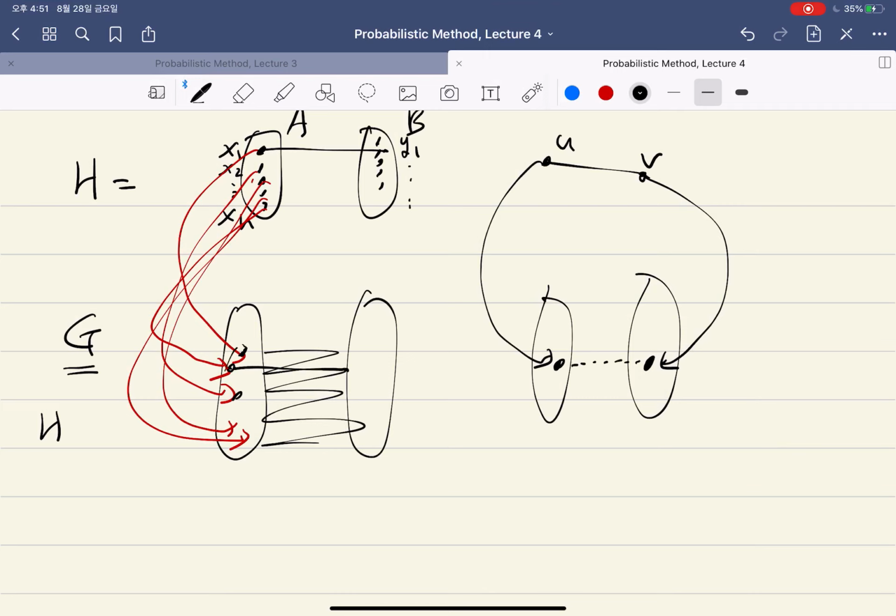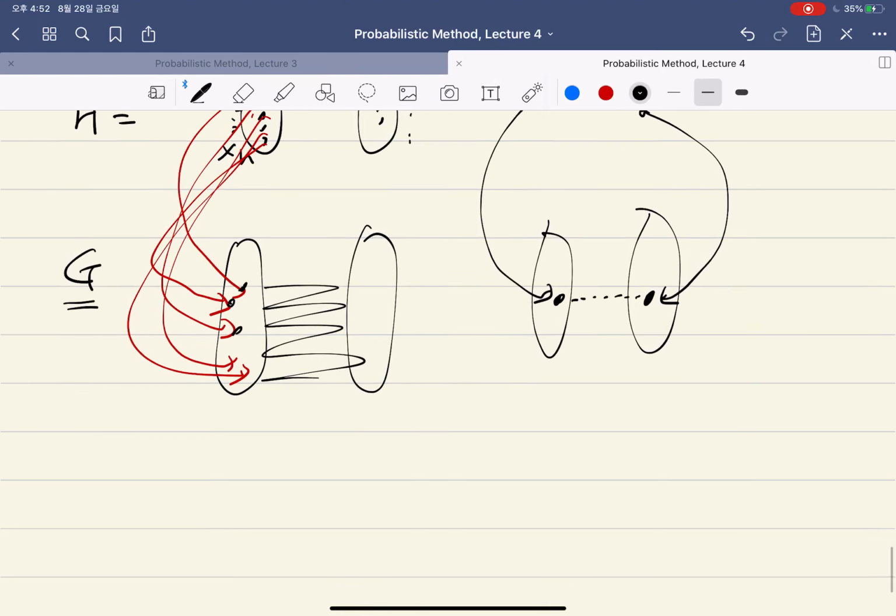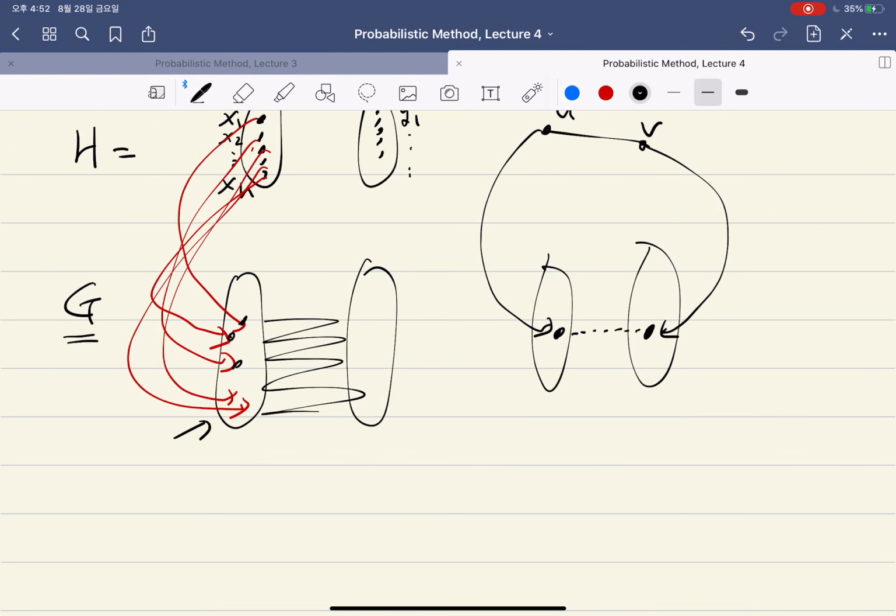Then at the end, we find the subgraph of G which is isomorphic to H. We call this an embedding. We want to embed these vertices so that the adjacencies are preserved. Once we just embed the vertices in A, no bad event happens. But while doing that, we want to ensure that all s vertices here have a large common neighborhood.